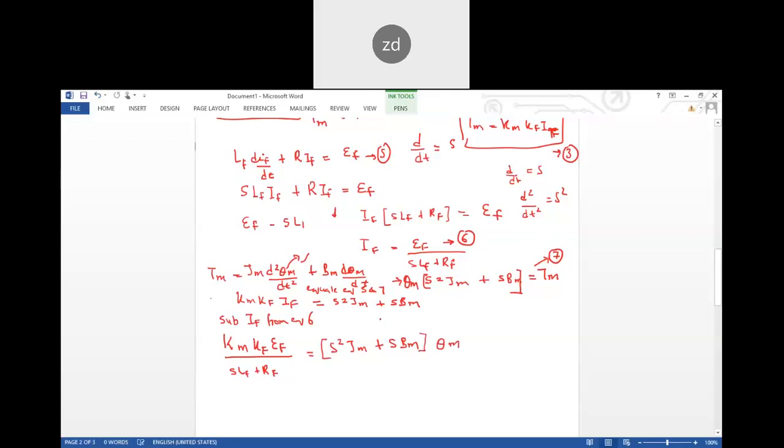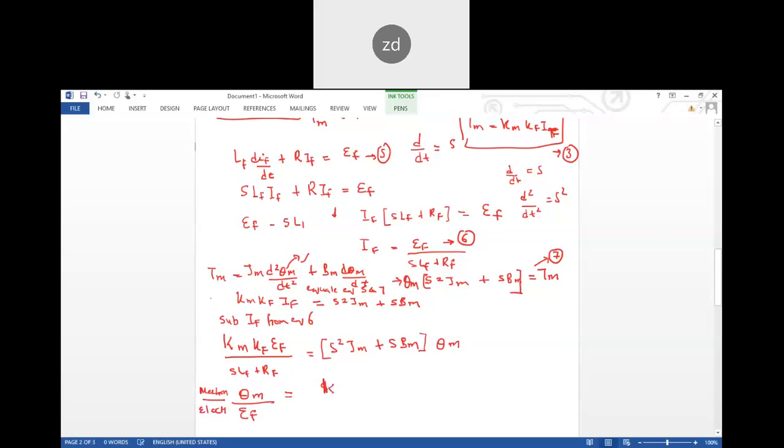Okay, and now what we have to do is get the transfer function. The transfer function of this system would be in the mechanical domain. The output is mechanical, and the input is electrical. So theta m by Ef would be represented as, here theta m will remain as it is.